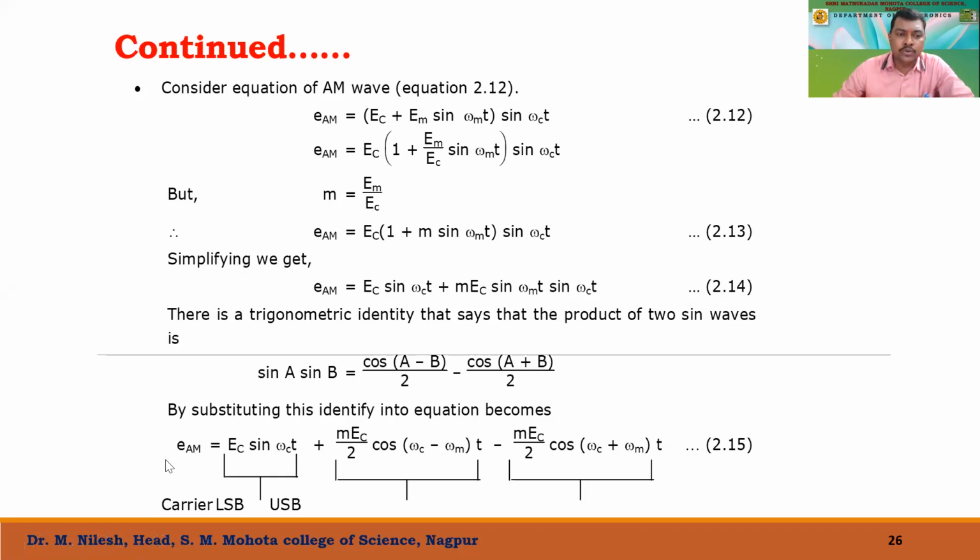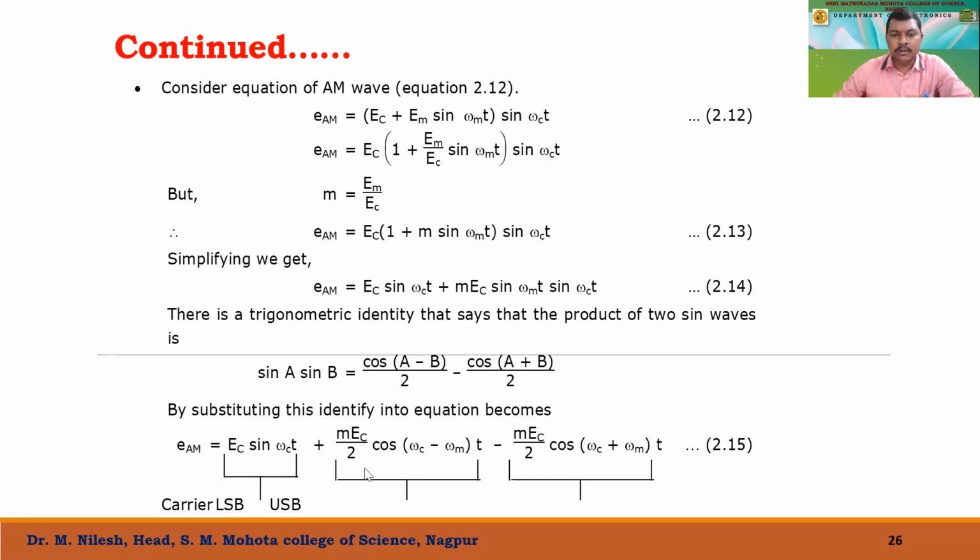So what we are going to do is put this identity over here in this equation. After resolving and putting this in, we get this sort of equation. So we get Ec sin omega_c t. This is actually the carrier wave, and then the LSB and USB.